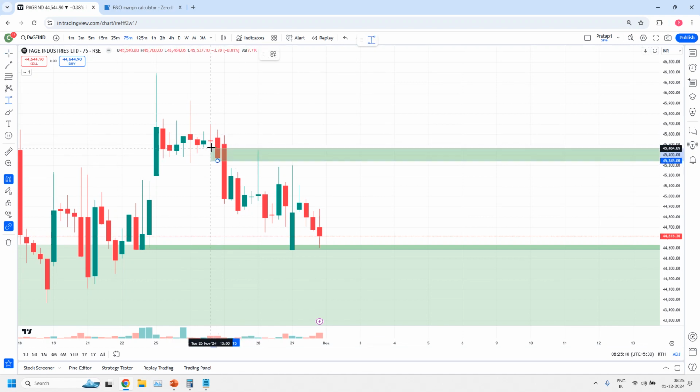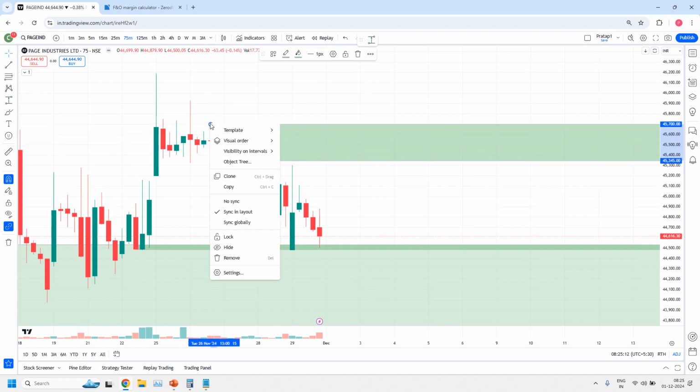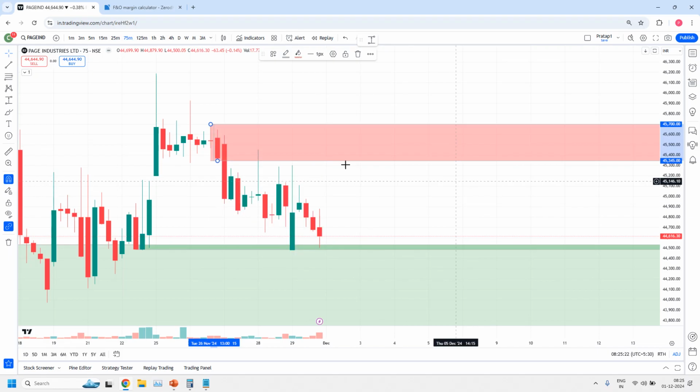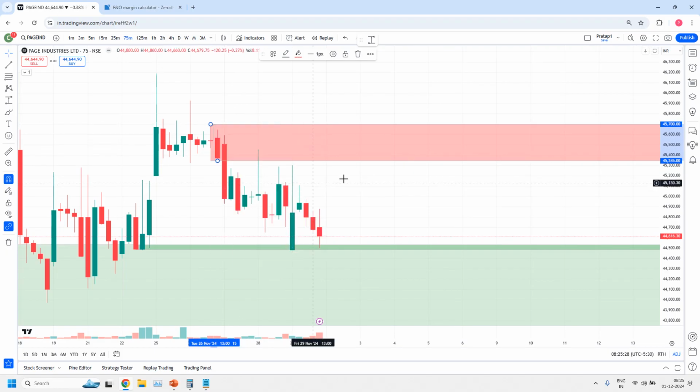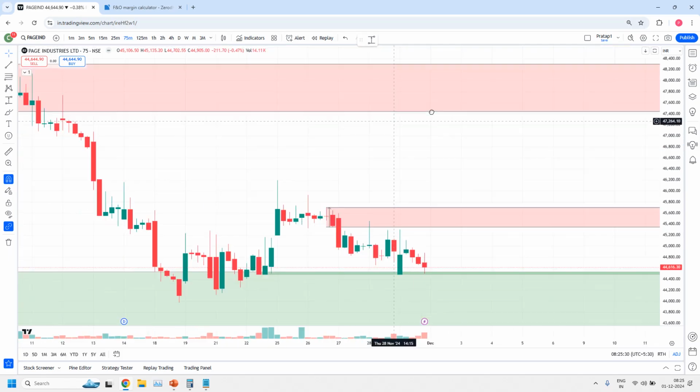That means you have a zone like this. This is the target zone, the revised zone. This is the 75-minute supply zone, so this should be the target.